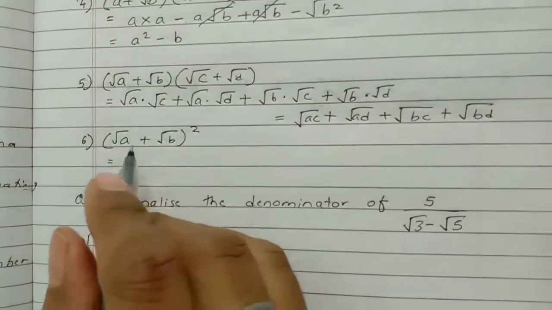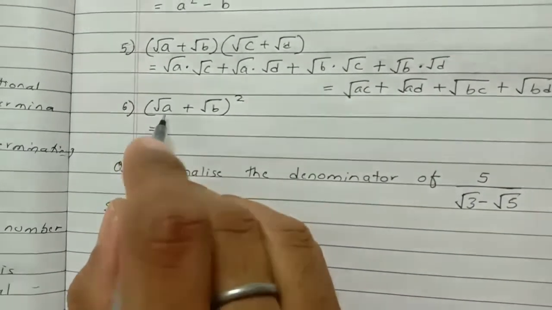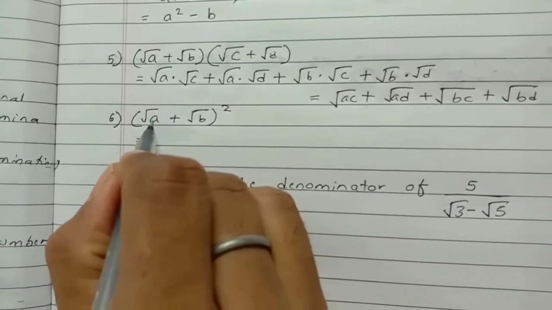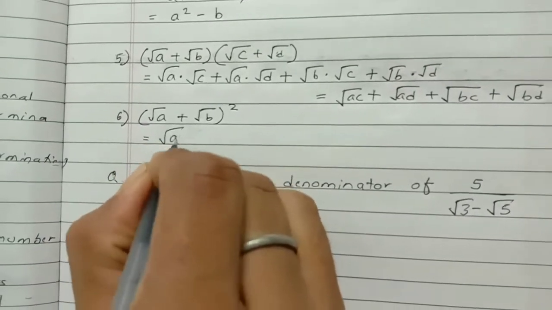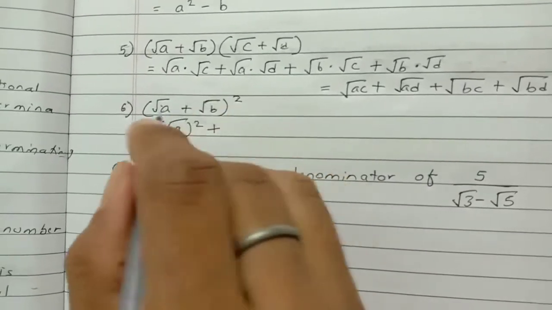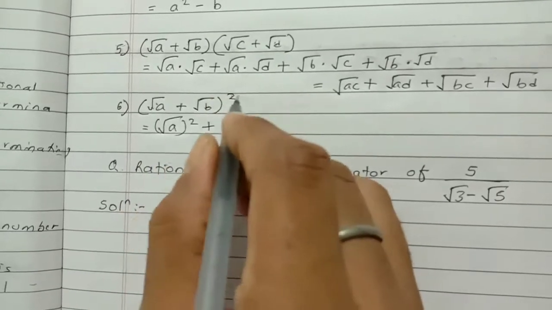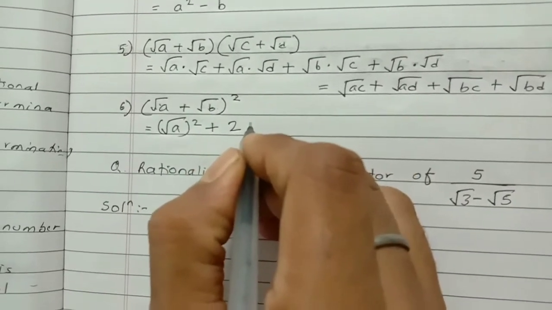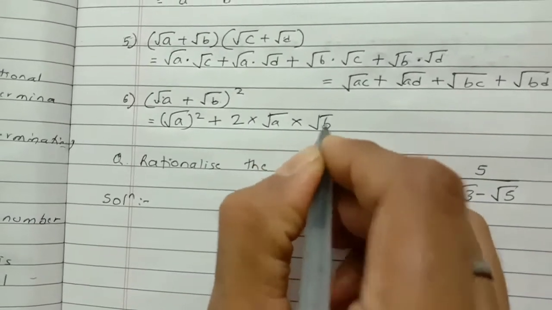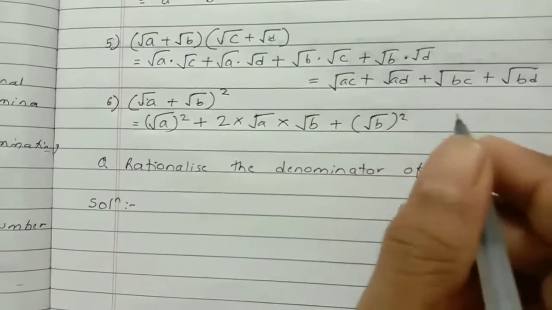Now the sixth one: (root a plus root b) the whole square. This will be solved by squaring the first number, so root a the whole square, plus 2 into root a into root b, plus root b square.